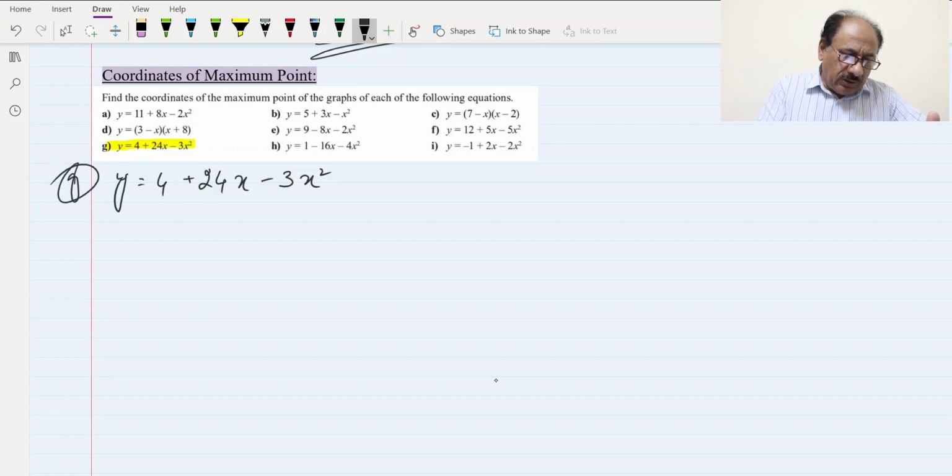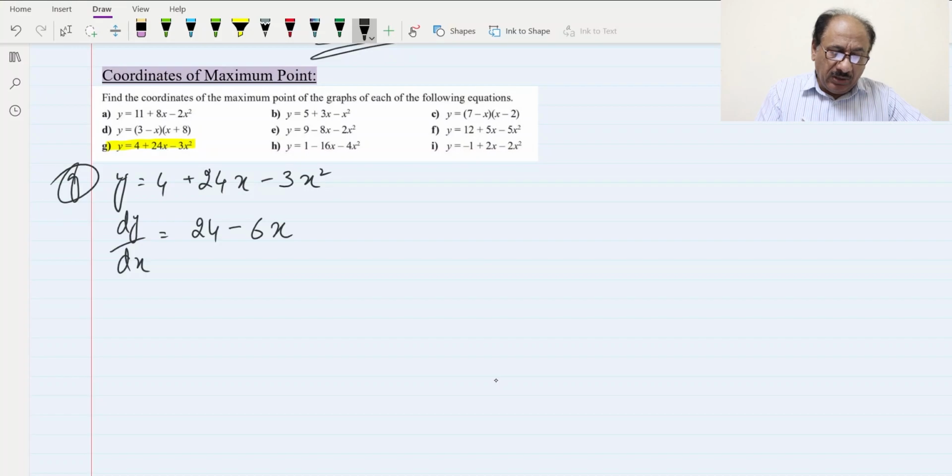I think you must have memorized the 3 steps. First step is taking the derivative. So dy over dx: the derivative of constant 4 will be 0, the derivative of 24x will be 24, and the derivative of minus 3x squared will be minus 6x.